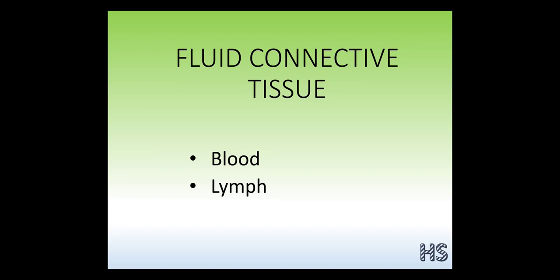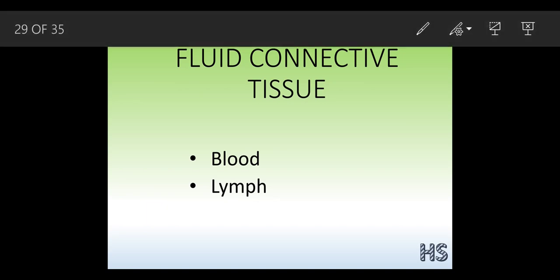Now we are going to discuss the third type of tissue, the fluid connective tissue. Fluid means it can transfer from one place to another. It is made up of blood and lymph.